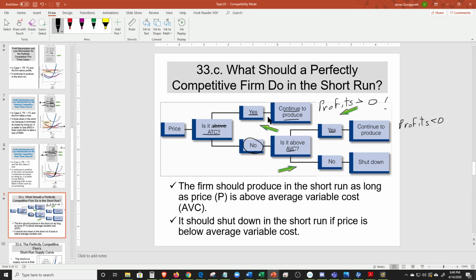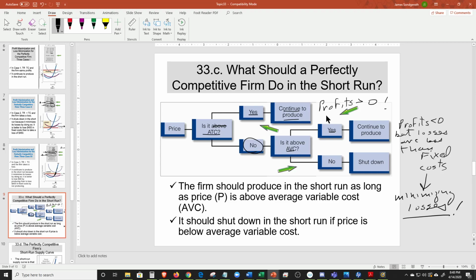They're losing money, but losses are less than fixed cost. So the firm is minimizing losses here. All right.